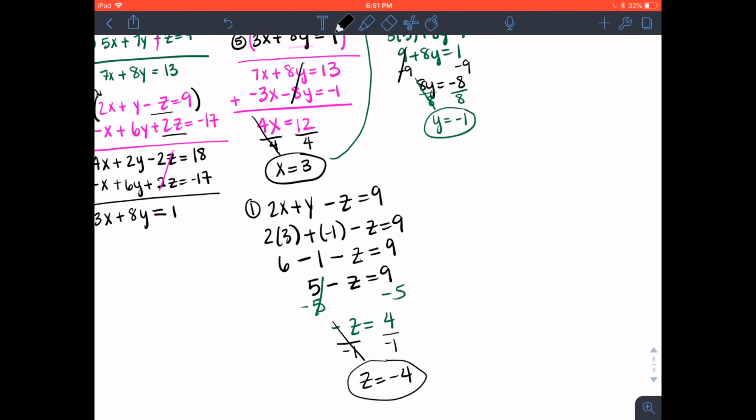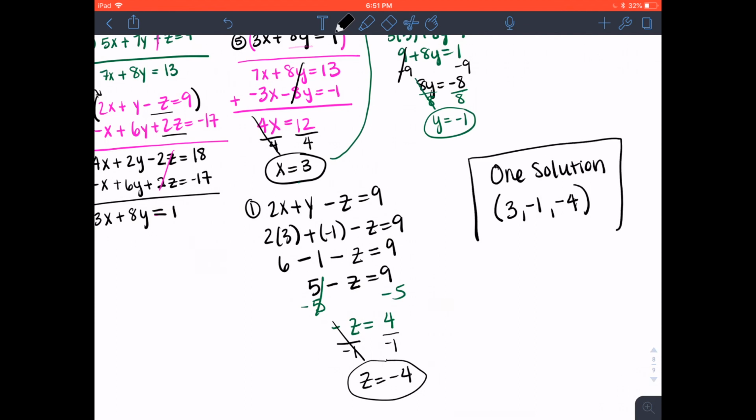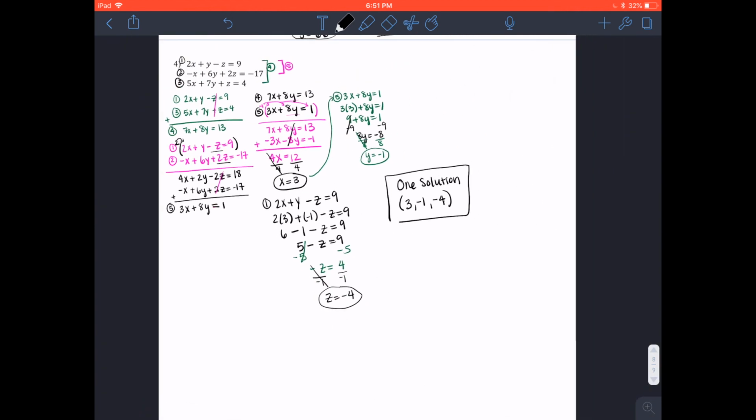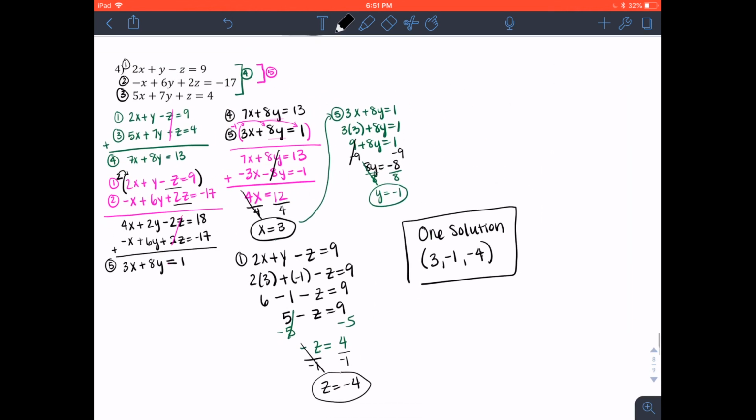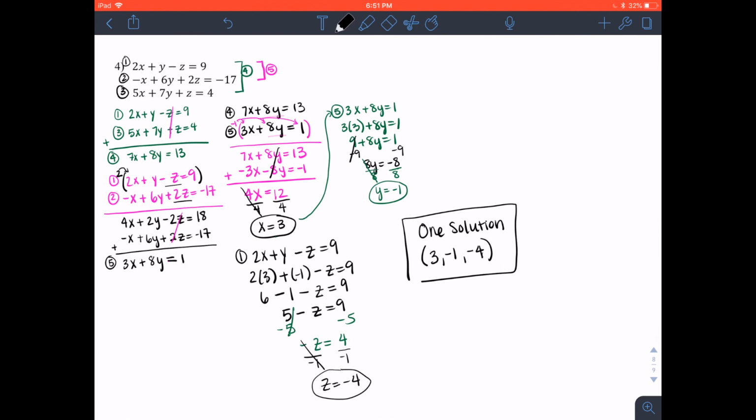So that means my coordinate is, in this case, x first, then y, and then our z is negative 4. So we have one coordinate, or one solution. And there we go. Looks like that is our answer. So I'm going to zoom out so everyone can see what I just wrote. Okay, that's it.